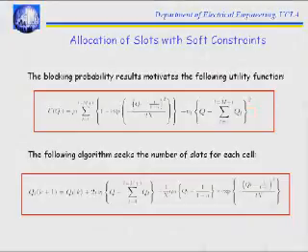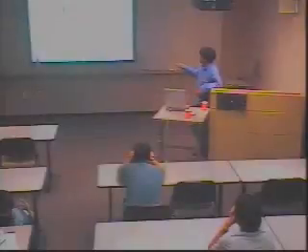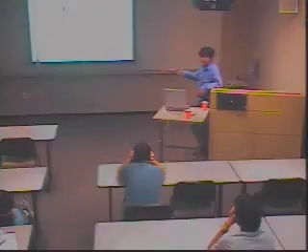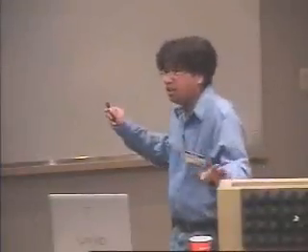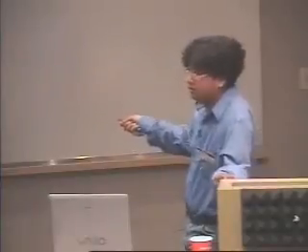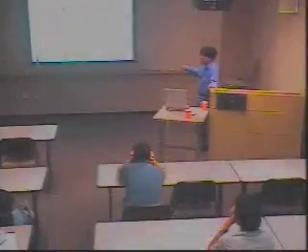So you can easily form a utility function based on this. Let's take this utility function. What does this utility function do? If I maximize this utility function, I in fact achieve the problem of proportionally assigning slots. I constrain the total number of slots in the whole network to be the sum of the q_Ls.